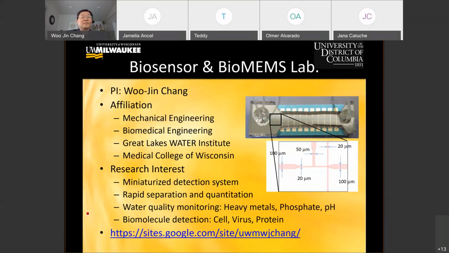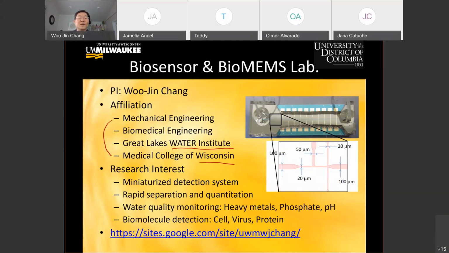I am affiliated mainly with mechanical engineering, but I'm also affiliated with biomedical engineering, the Great Lakes Water Institute, which is a unique institution completely working on the freshwater area in the US, and the Medical College of Wisconsin.